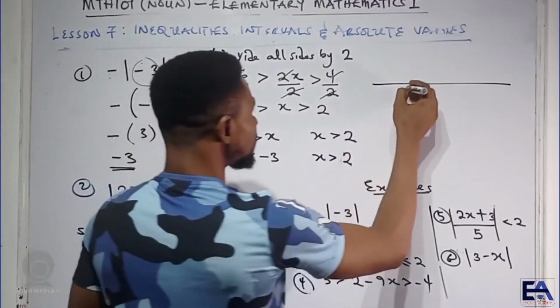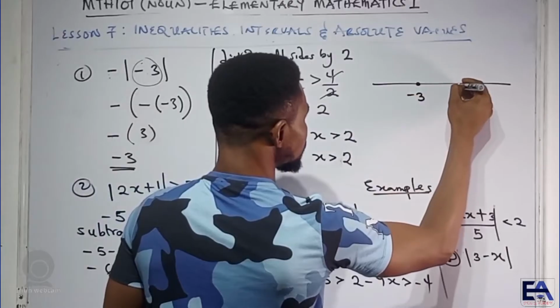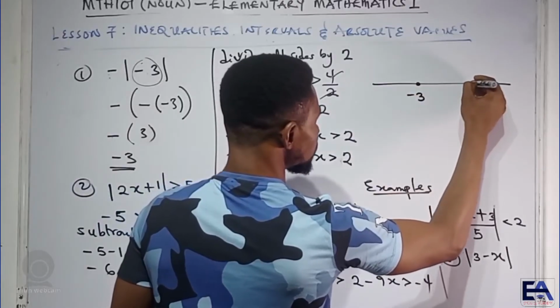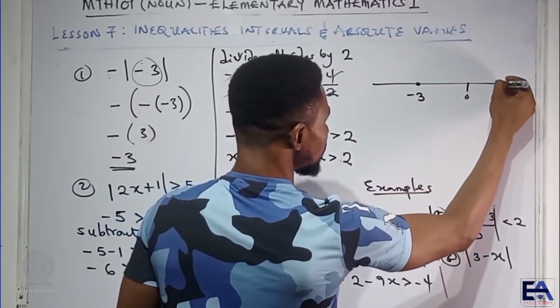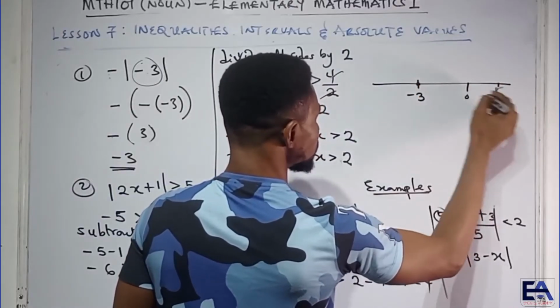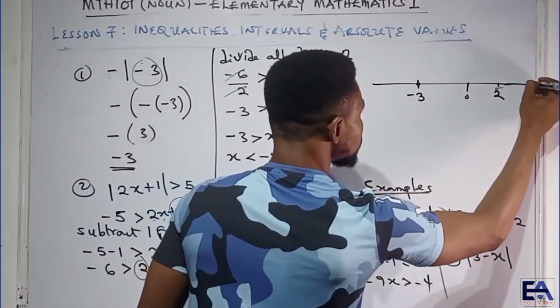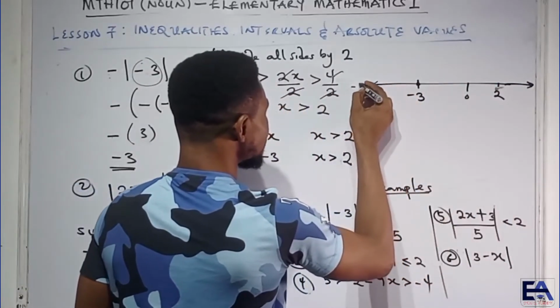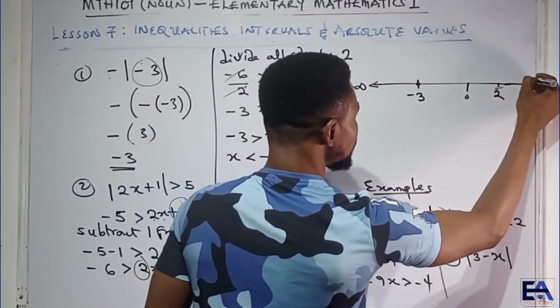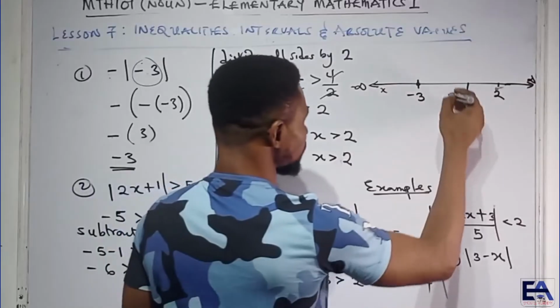So if you have minus 3, let's say we have 0 here, let's say we have 2 here. You have 2 here, okay? This is like negative infinity, positive infinity, and this is like the line, the values of x, okay?